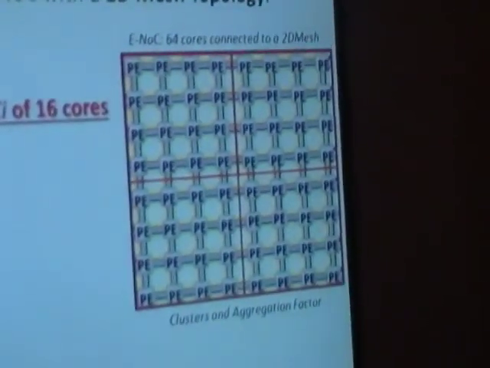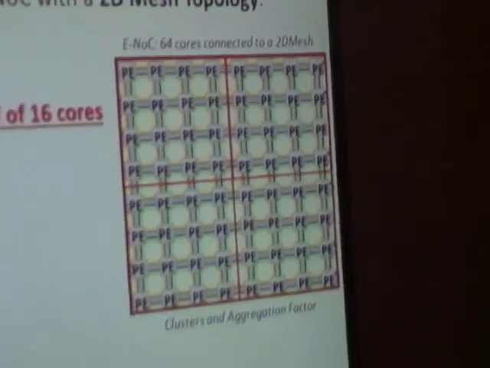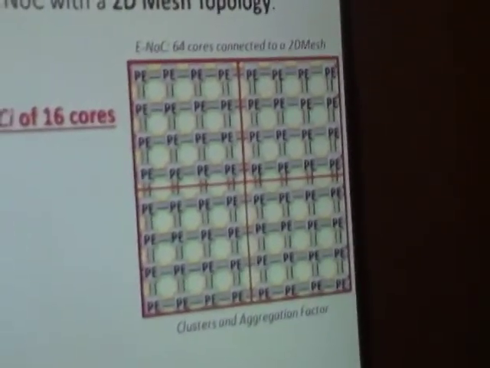You remember this slide? Very good question. So if you maintain stable the aggregation factor, 16, and if you increase the number of cores here, for instance, we talk about not Tilera 64, but Tilera 128 or so on, we can maintain stable the aggregation factor, and we have a lot of clusters.